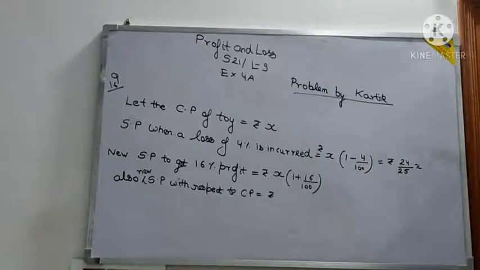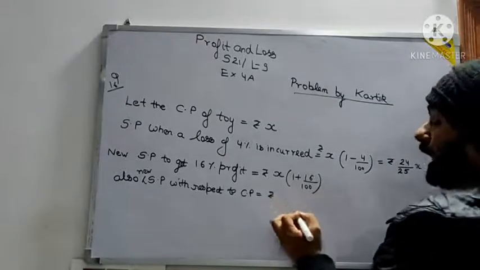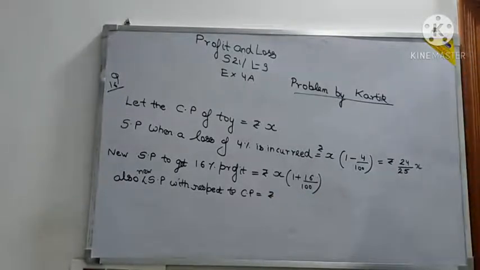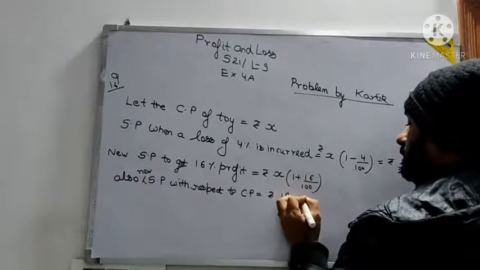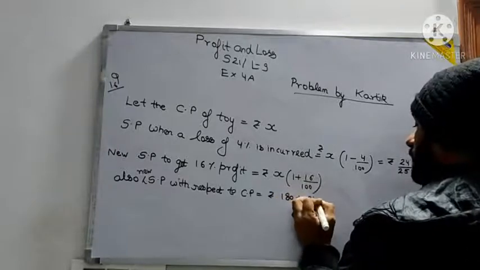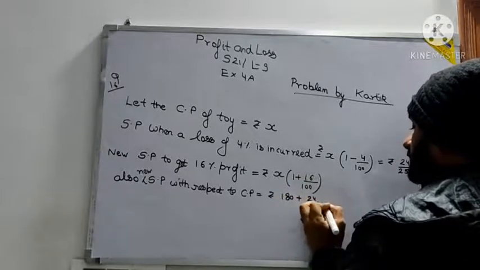Also the new SP is CP plus rupees, how much more is it selling at? 180 more. So let's check it out again: 180 plus 24 by 25x. That's it.